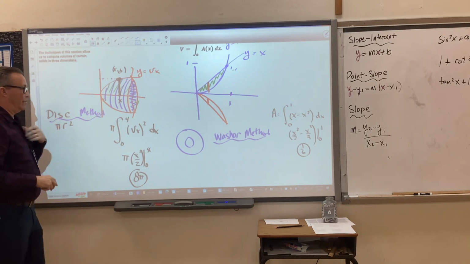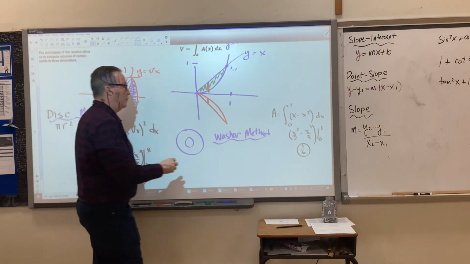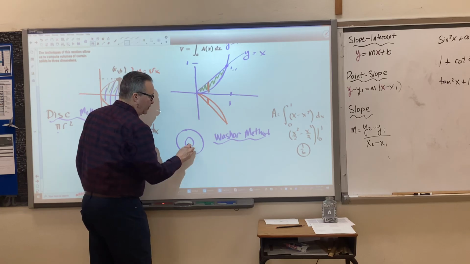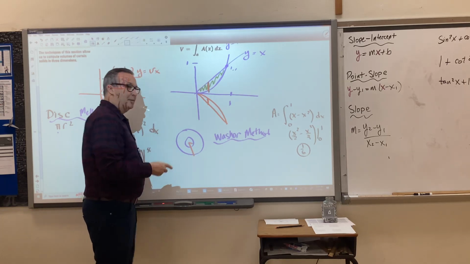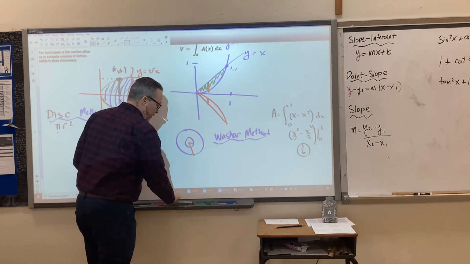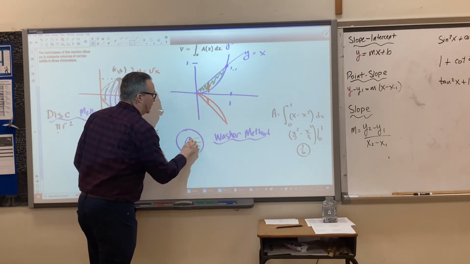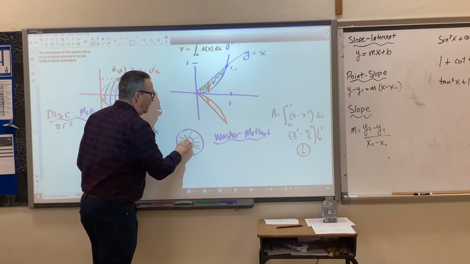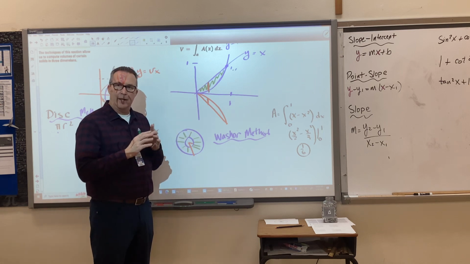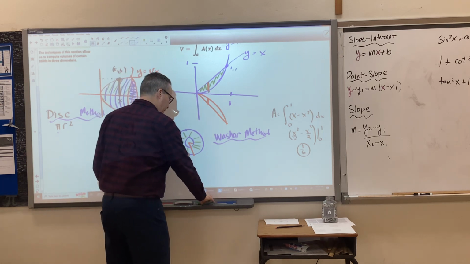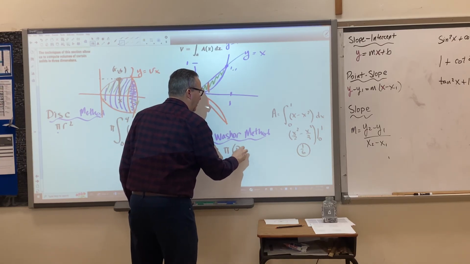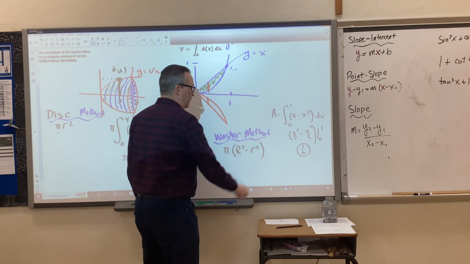The disk method, we're integrating pi r squared. The washer method, well, if we're going to find the area of this cross section, there are two different radii. The big circle has a radius and the small circle has a radius. The way you find the part of the solid that's between these two is you find the area of the big circle and subtract the area of the central circle, right? So the washer method is we're integrating pi times capital R squared minus little r squared.